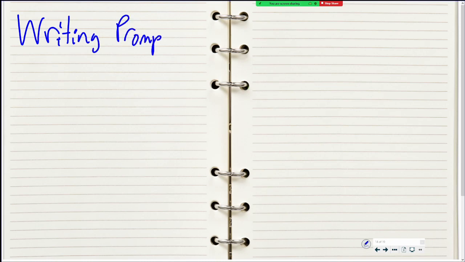So before we look at this article, I want to put up some kind of sample writing prompts, right? And that is usually what's going to happen on this final exam, and most final exams for high school English, is you'll be asked to produce some writing, but it's not just going to be like write a paragraph.